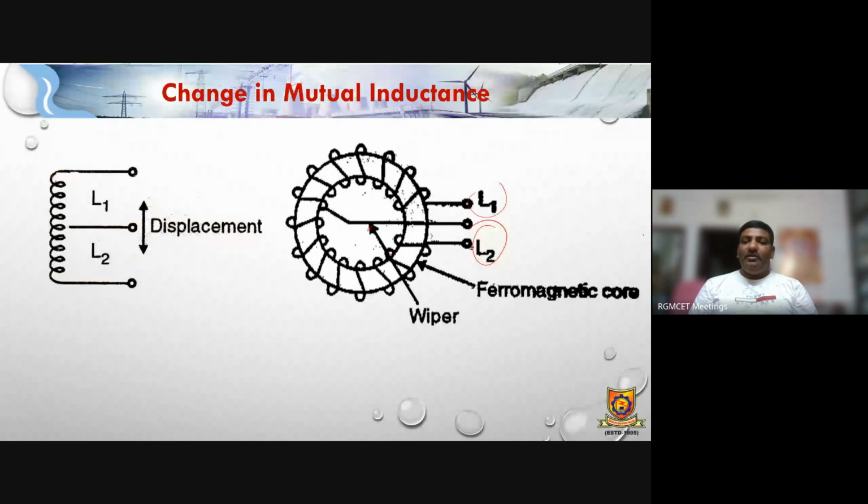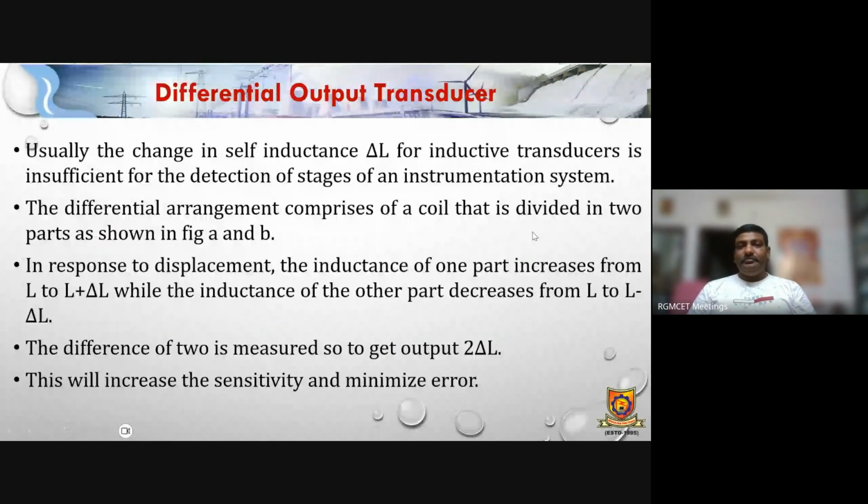From the wiper, or nothing but the slider, wherever we have the position, it is going to be split into two inductance values. The total inductance L equals L1 plus L2, whether it may be linear or angular. So total L value becomes L1 plus L2. Depending upon the wiper position, it gets changed.